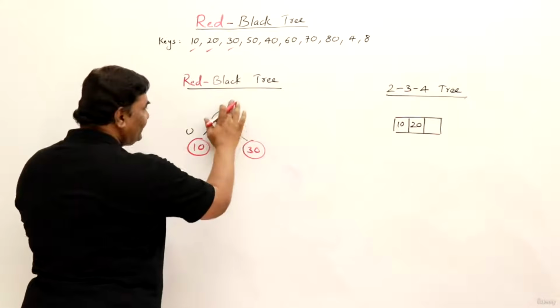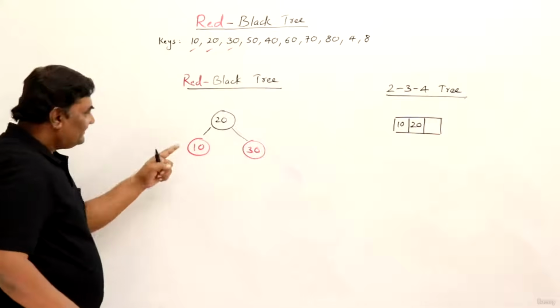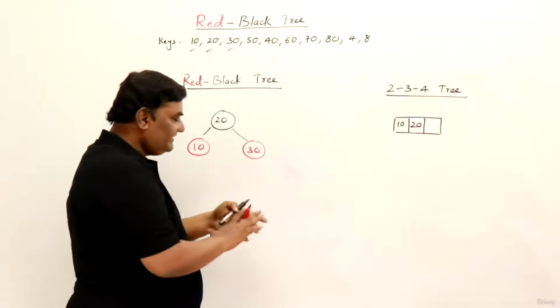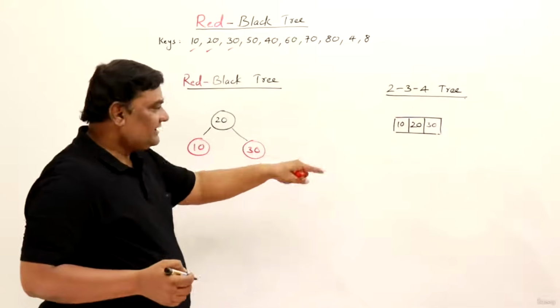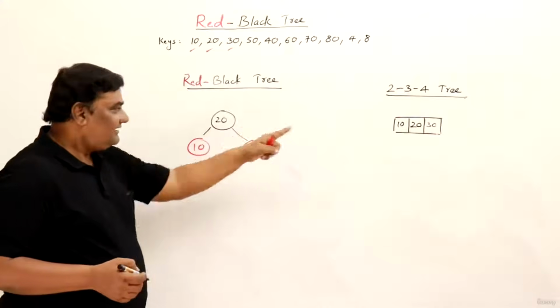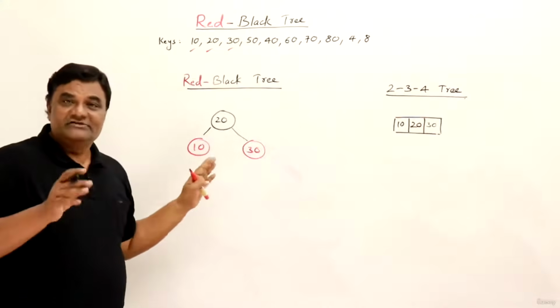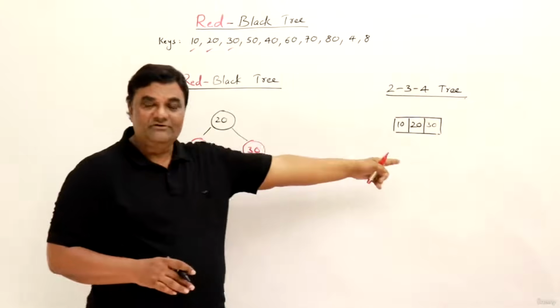I'm not drawing a new tree now, I'm making modifications to the same tree. Already I have shown you that a single node is having 3 values. So the middle is black and left side is red, right is red. So these two reds are part of the same node.